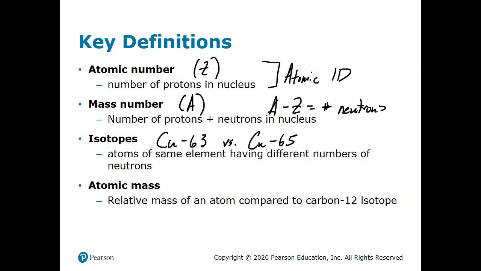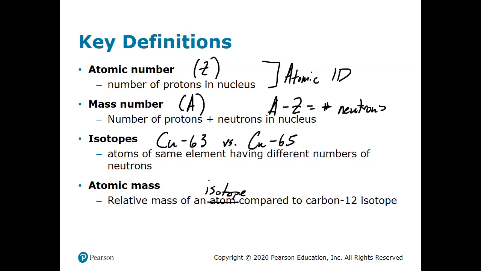And that leads us to this last one, atomic mass. Now, the atomic mass is the relative mass of an atom, and we can even be more fine with this. The relative mass of an isotope compared to the carbon-12 isotope.